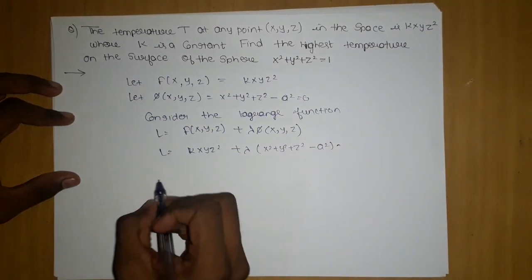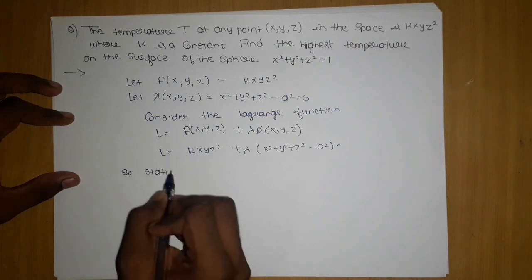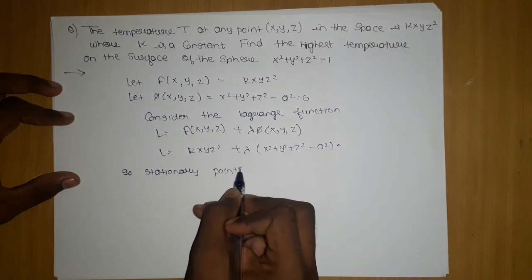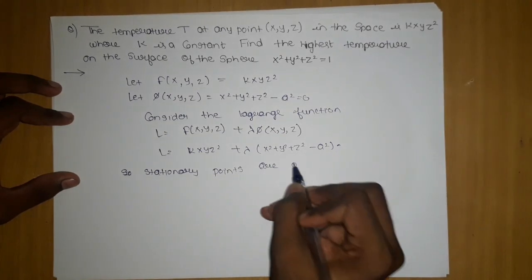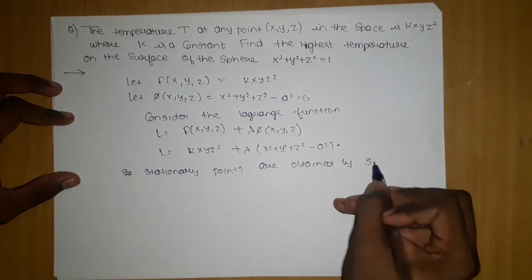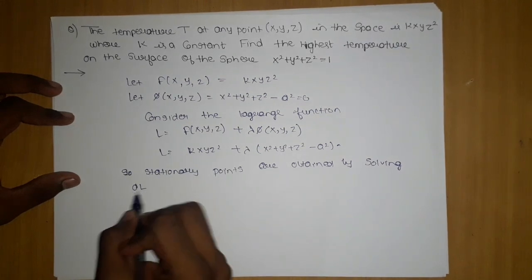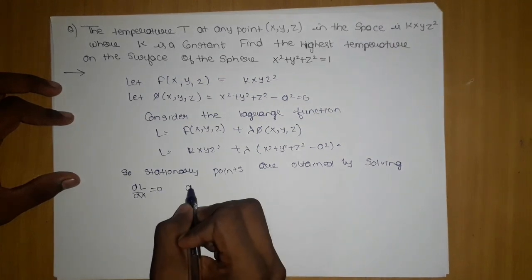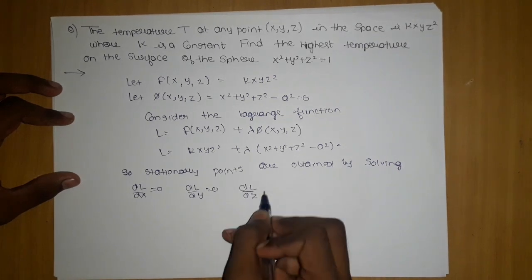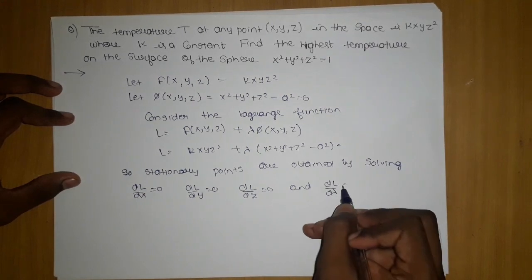Okay, now the stationary points are obtained by solving dou L by dou x equals 0, dou L by dou y equals 0, dou L by dou z equals 0, and dou L by dou lambda equals 0.